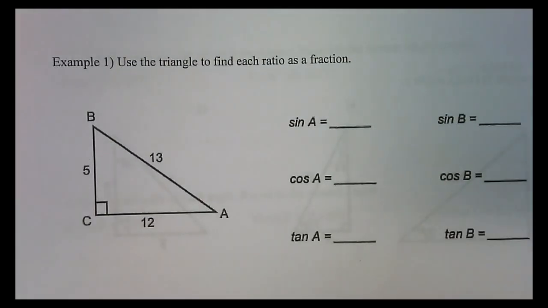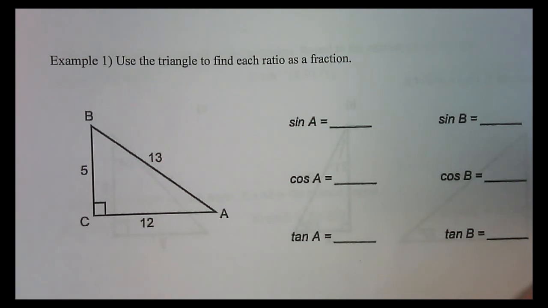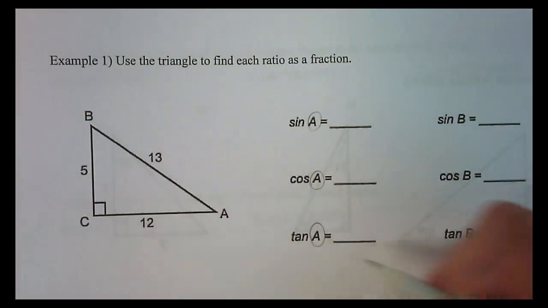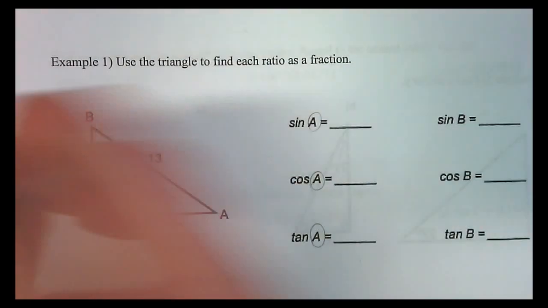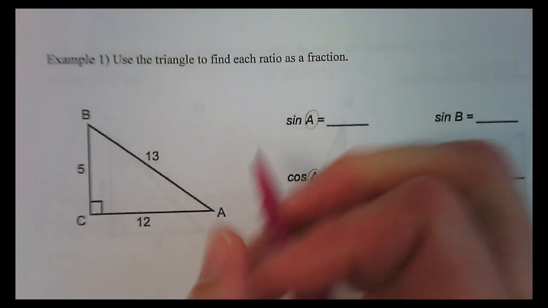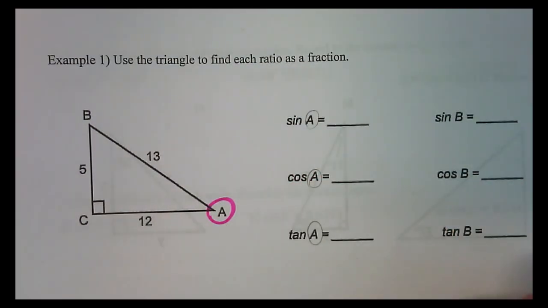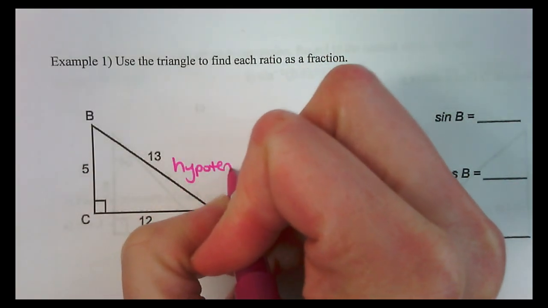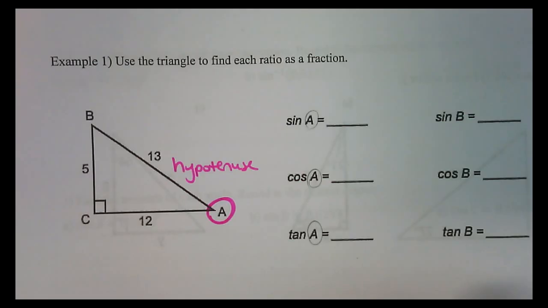All right, let's look at some examples. It says use the triangle to find each ratio as a fraction. So here I'm focusing on angle A for these three. I'm going to do this one using pink. This is the angle I'm looking at. I'm going to label my triangle. This is the hypotenuse.